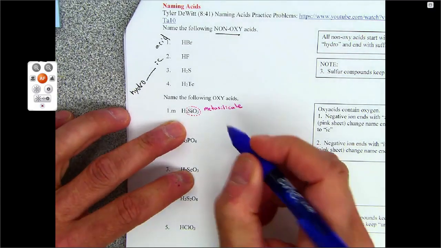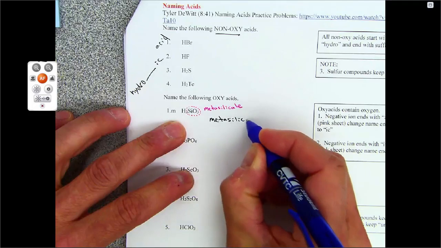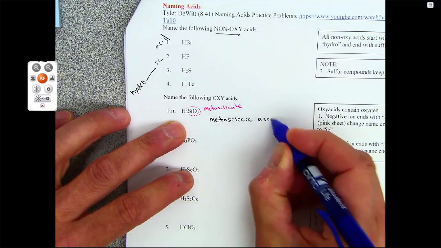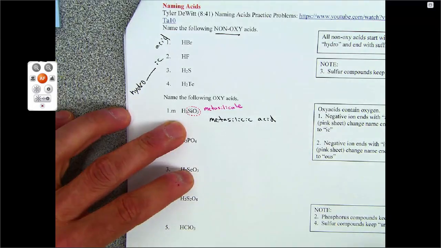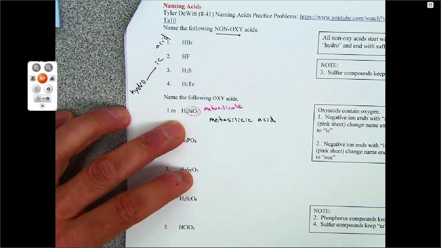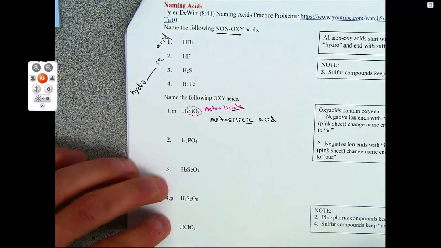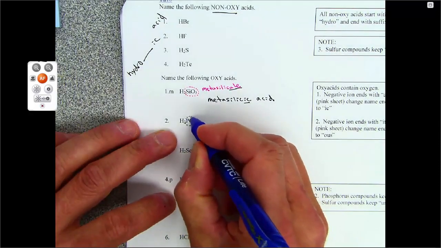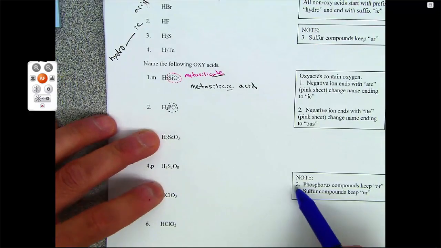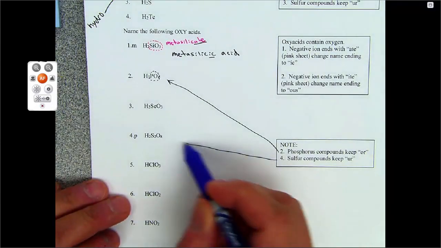So ate to ic, it looks kind of weird, but this is metasilicic acid. Ate to ic. Right here's my ate. Here's my ic. Okay, so for these, just look up the negative ion, change ate to ic, and in number 2 we keep the OR, and in number 4 we keep a UR.